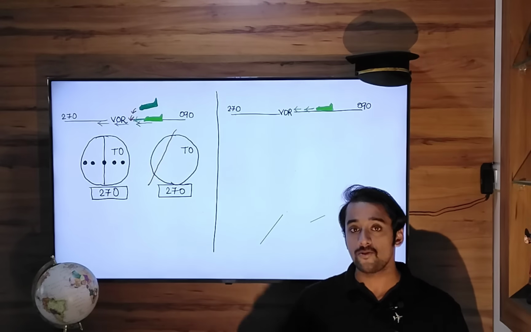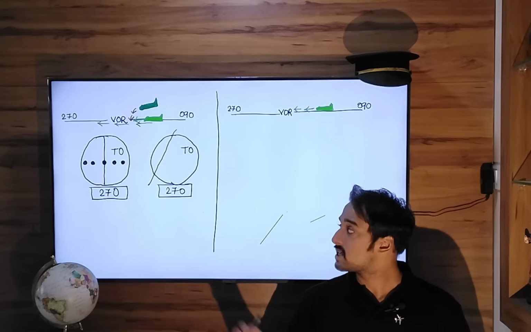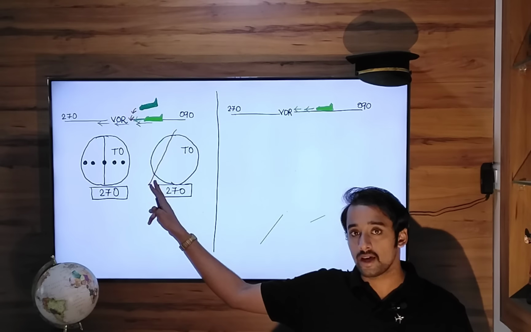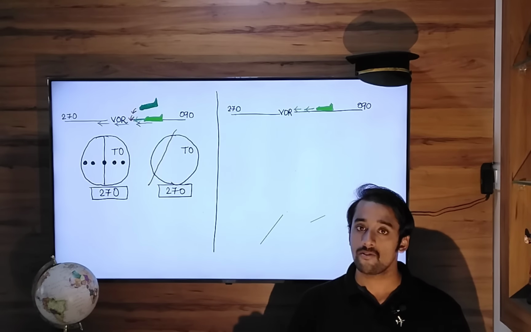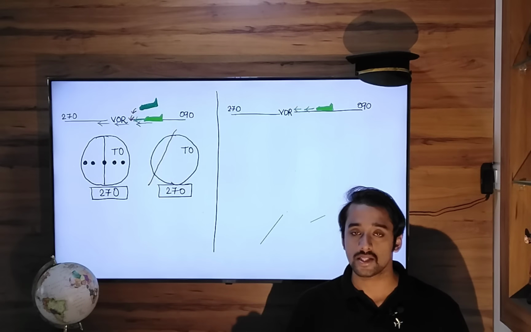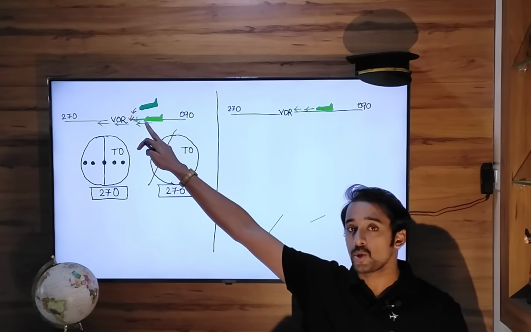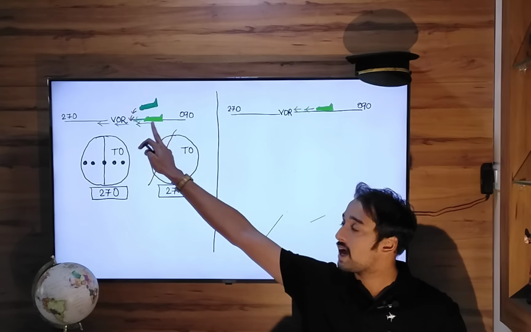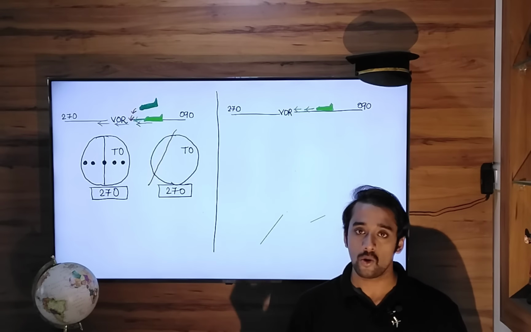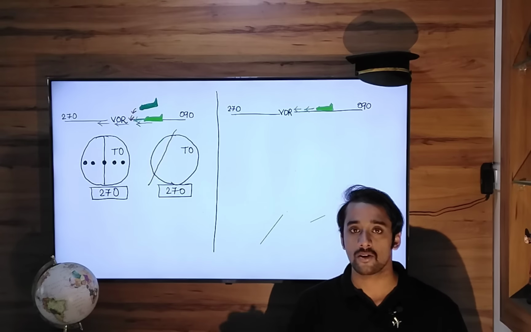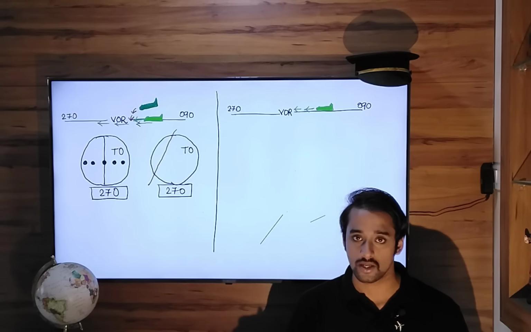So we have to follow the CDI needle. If the CDI needle goes to the left, you go to the left. If the CDI needle goes to the right, you go to the right. So if the aircraft gets shifted to the right hand side, the CDI needle will move to the left hand side. You turn your aircraft left, get back to your radial 090, fly that radial straight to the VOR, overfly it, and then go to the other side of the VOR, which is your radial 270.